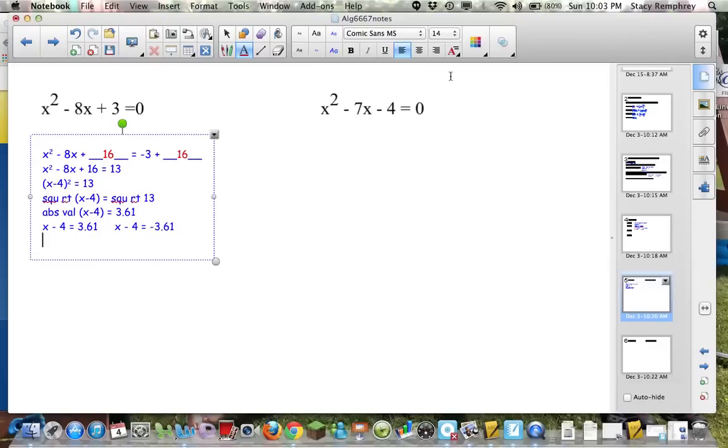Okay, and I solve each of those. I get x equals 7.61, x equals 0.39, and I have my two answers right here.